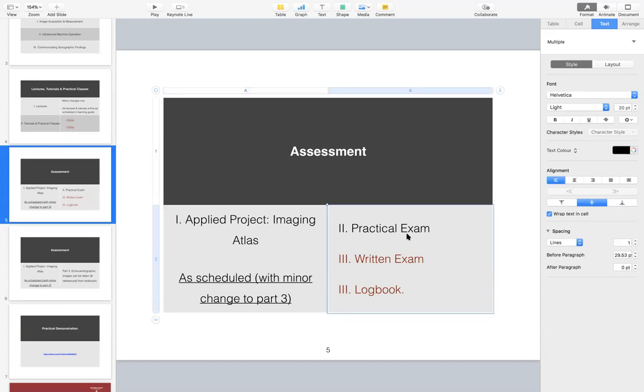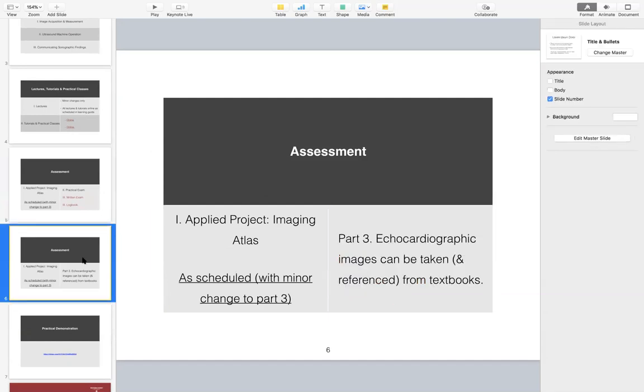Written exam, practical exam, and logbook. So I want to talk to you especially about the written exam. I'll give you some details about the logbook and then tell you lastly about the practical exam. To do that, let me just go here for a moment. It's going to be easiest, I think, if I open up the learning guide for this particular unit.